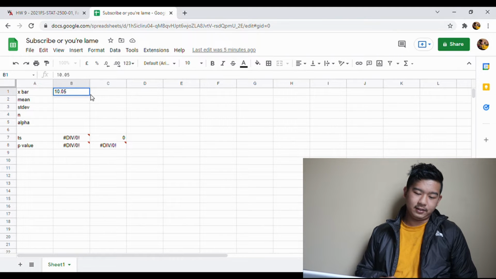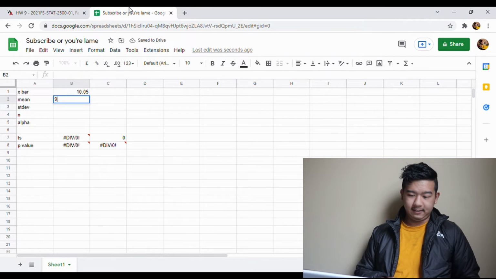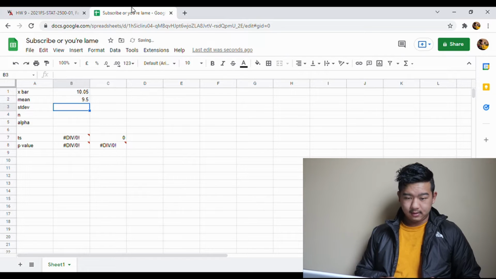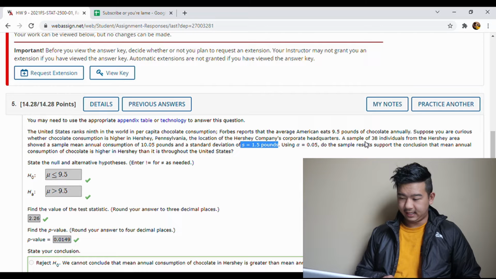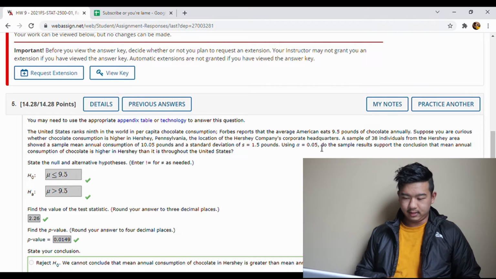Our mean will always be in the hypothesis, that's our 9.5. Our standard deviation was given right here, 1.5 pounds. Sample size, a sample of 38 individuals, that means 38. And our alpha was also a given, which is 0.05.